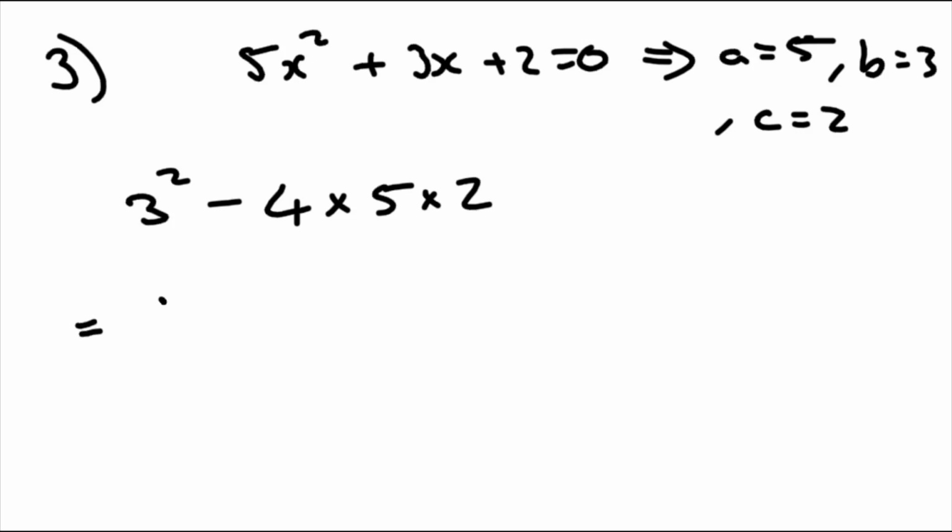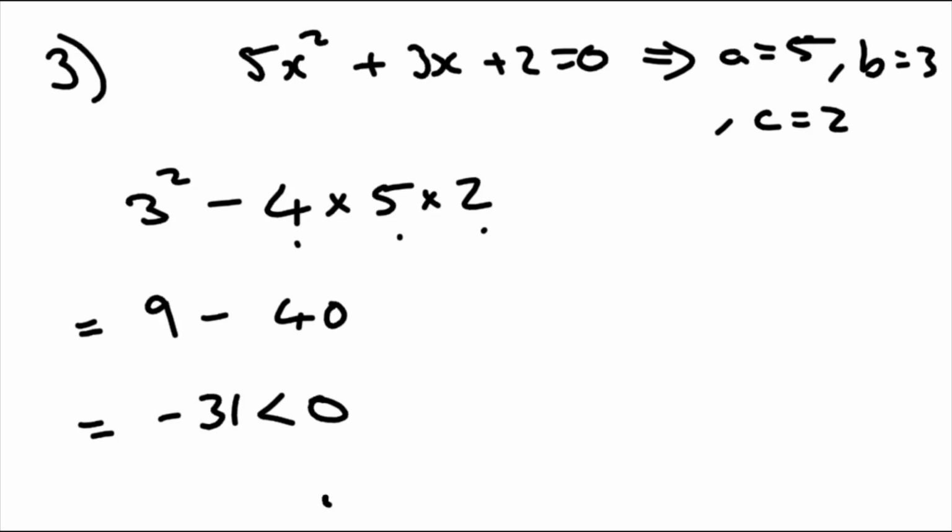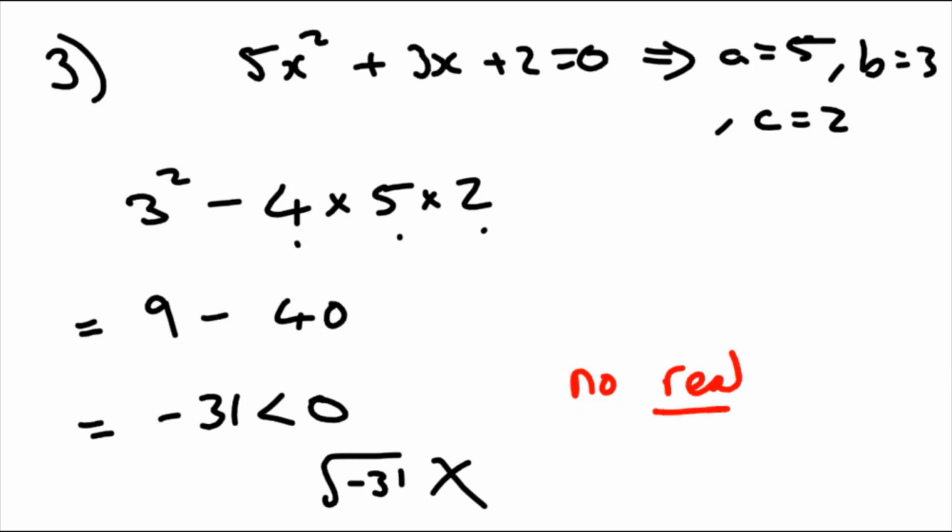So 3 squared is 9. I'm going to take away 4 times 2 times 5, which is going to be 40. 9 take away 40 is negative 31. Now this is less than 0, so the thing in our square root is going to be a negative. Now we don't like this, so this example has no real solution.